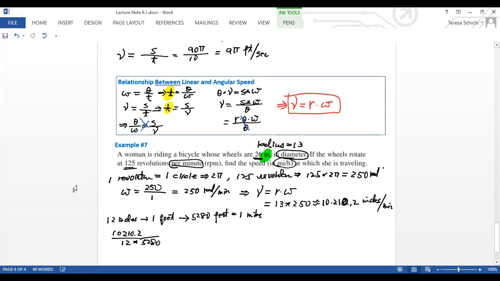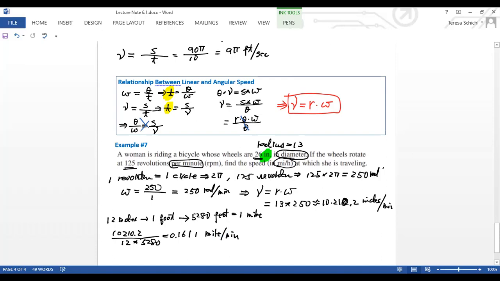And this will give me how many miles, right? So let's calculate 10,210.2 divided by 12 and divided by 5,280. It will be 0.1611 miles per minute, right?